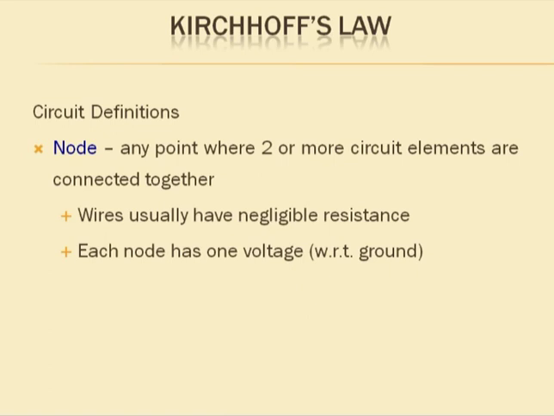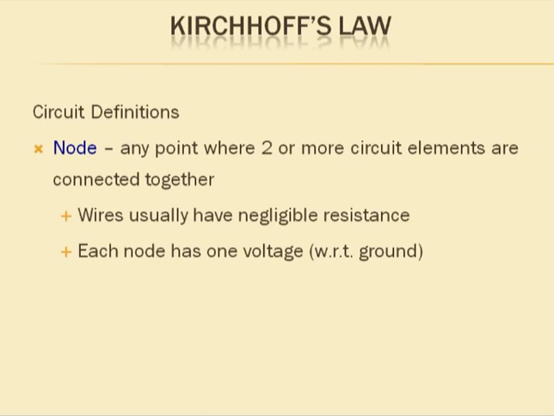The wire itself may have some resistance, but generally we neglect it because the wire is made of a conducting material, maybe copper or aluminum, whose resistance is very low.